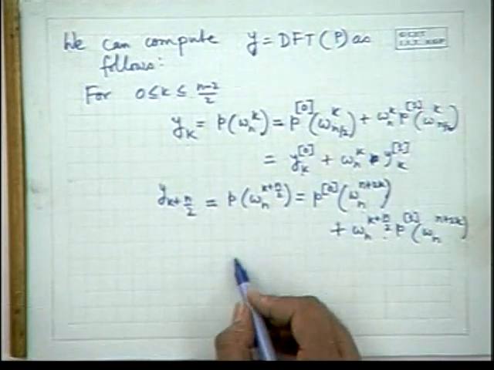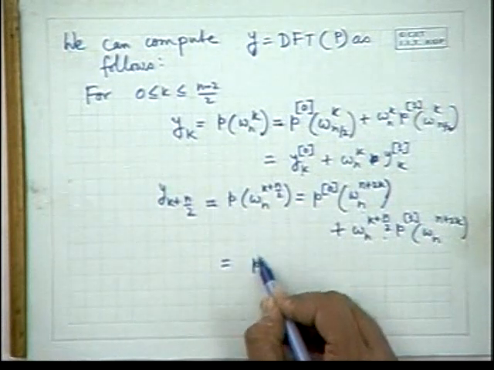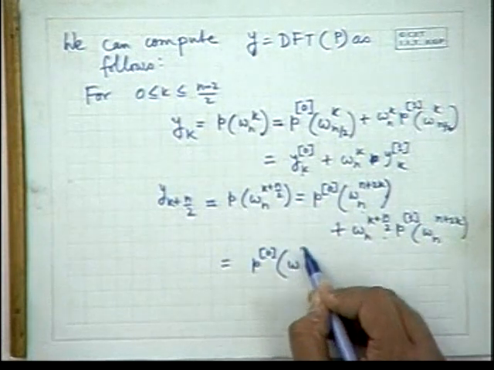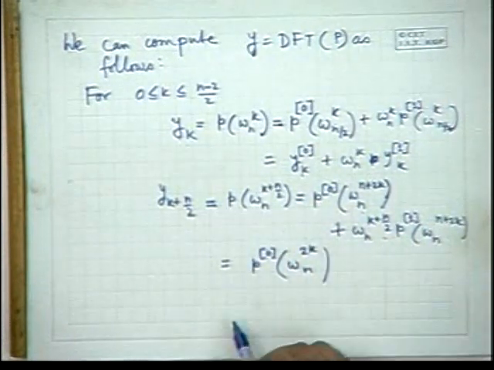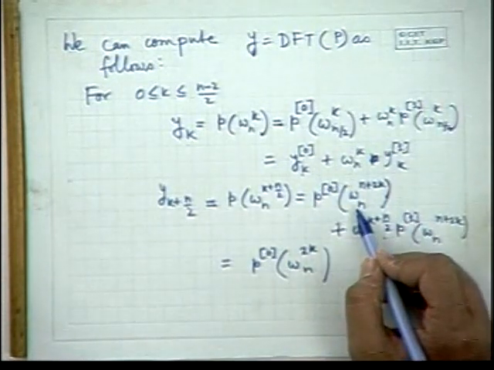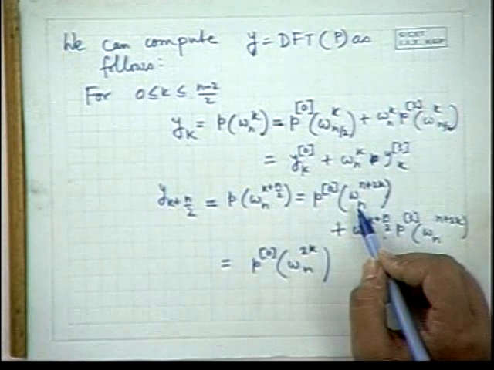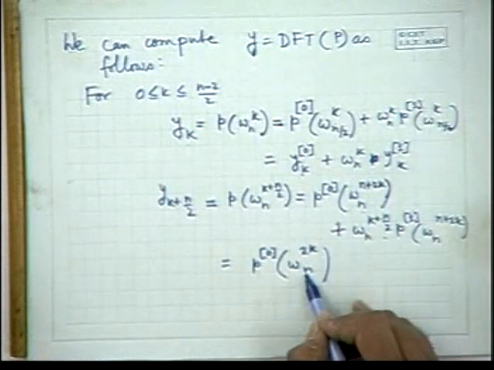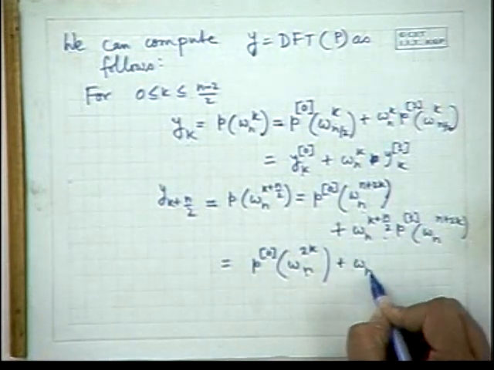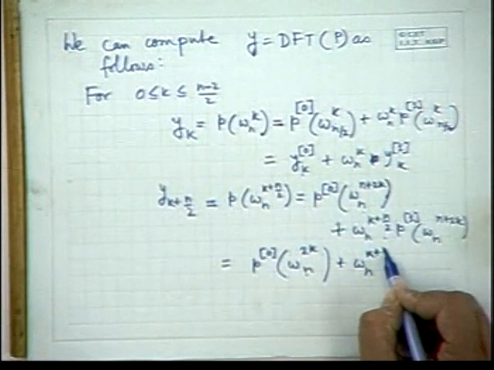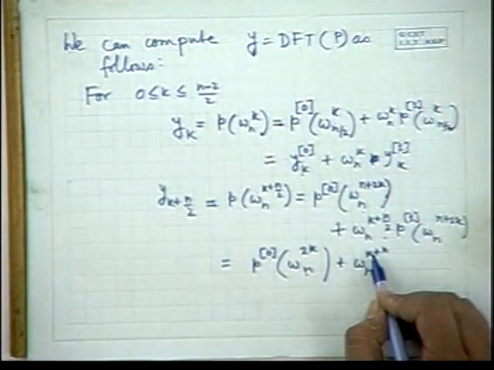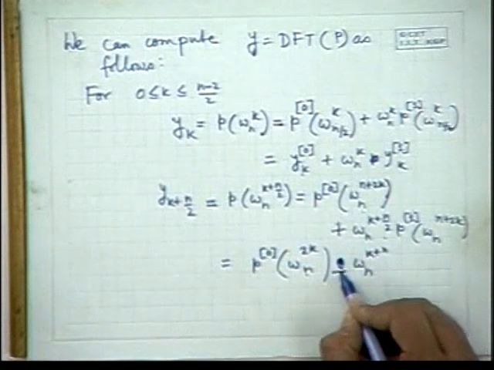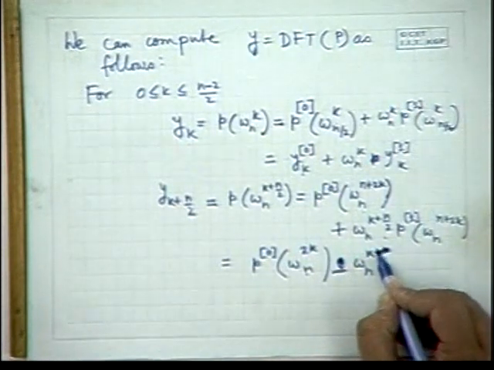Now this can be simplified as P0 of w_n^(n plus 2k), which is nothing but w_n^2k, because if you separate it out, w_n^n is 1. So you can write this as w_n^n times w_n^2k, and w_n^n is 1. So that's why w_n^2k, plus this one remains w_n^(k plus n over 2). Now w_n^(k plus n over 2) you can write as minus w_n^k.